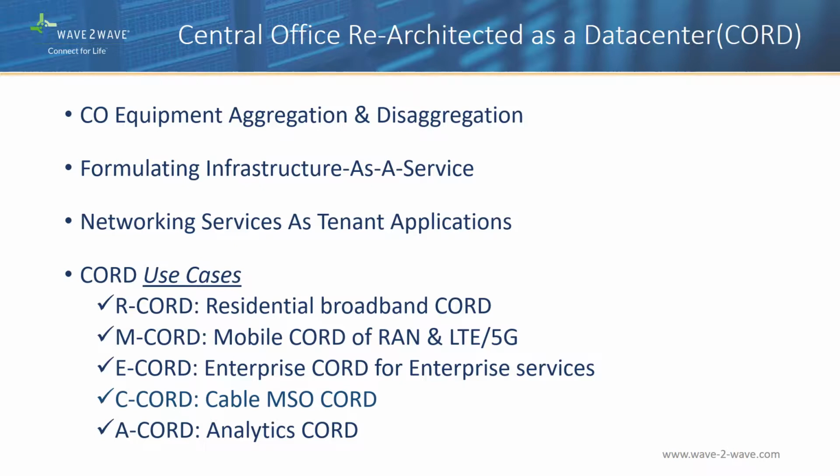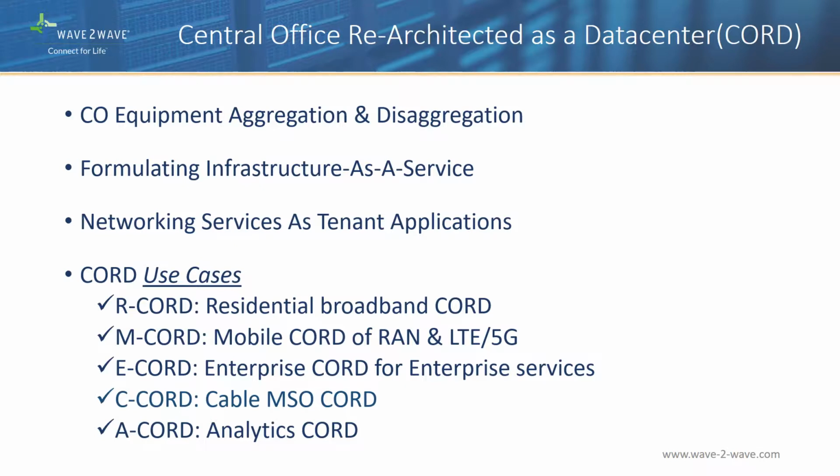To support this evolution, CORD has a wide array of use cases, including R-CORD, or residential CORD, which defines the architecture for residential broadband. M-CORD, or mobile CORD, which defines the architecture of the radio access network and evolved packet core of LTE 5G networks. E-CORD, or enterprise CORD, which defines the architecture of enterprise services such as Ethernet business services.